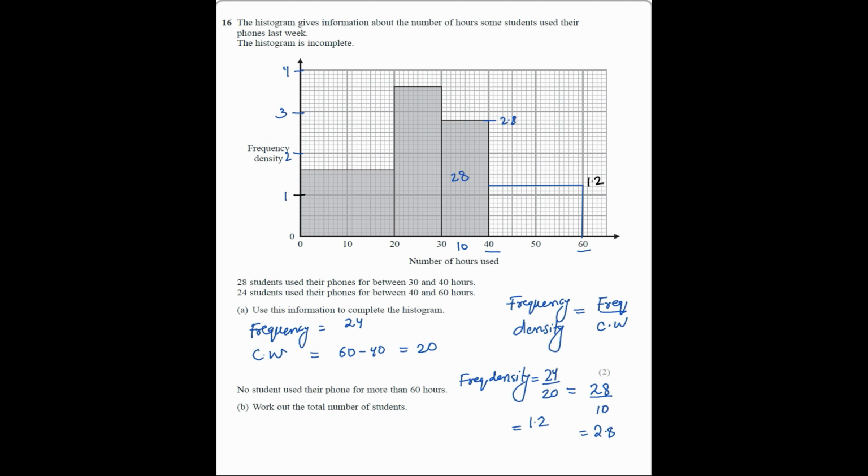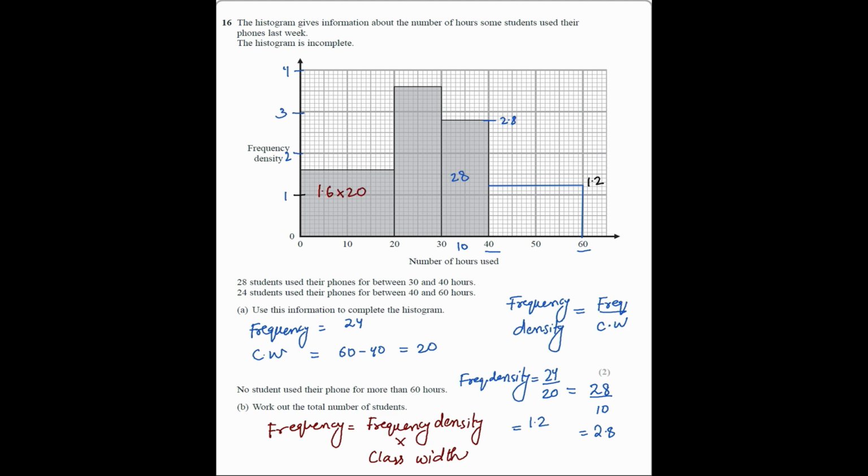For this step, we will do frequency equals frequency density multiplied by class width. So if we do a bar by bar calculation, 0 to 20 hours is 1.6 times 20.